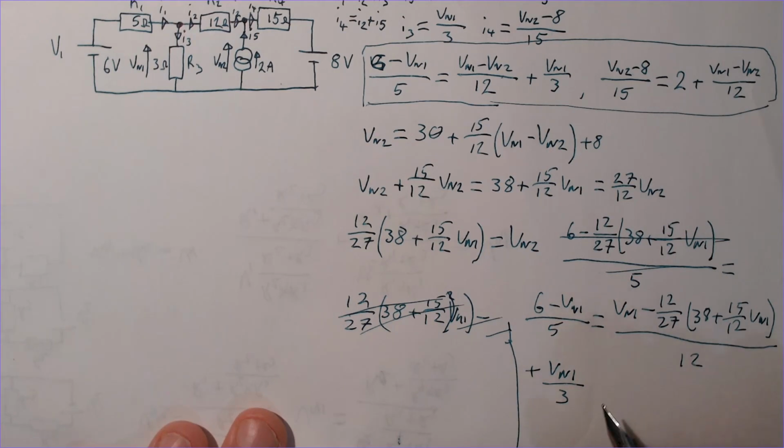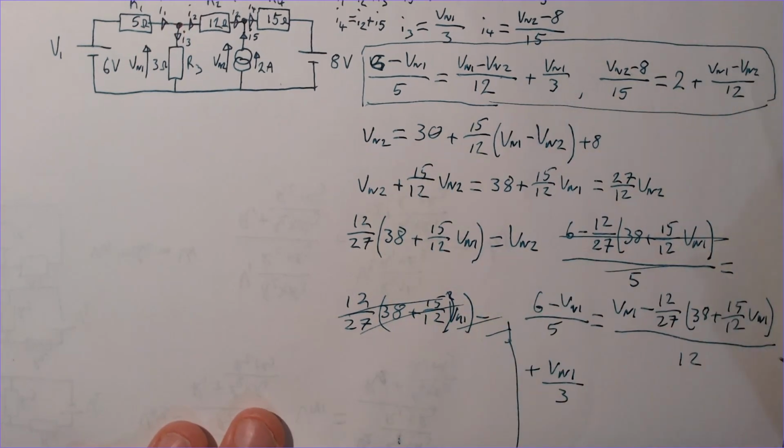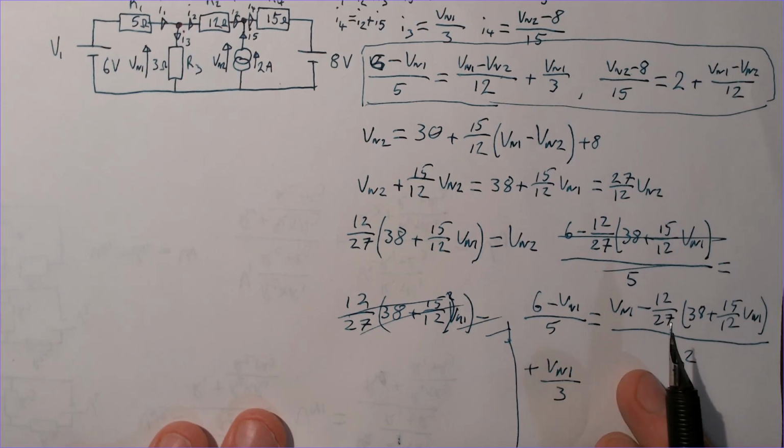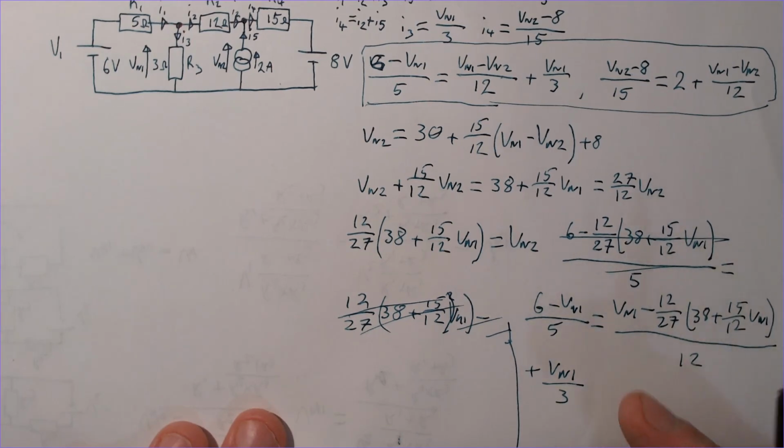So let's leave the Vn1s on this side and move the numbers to the other side.